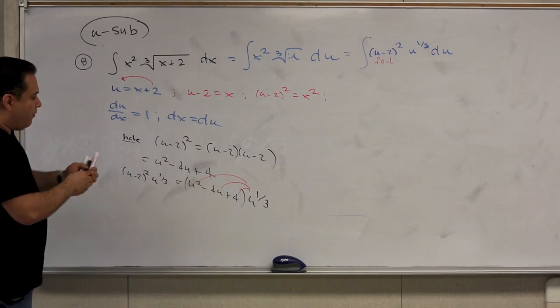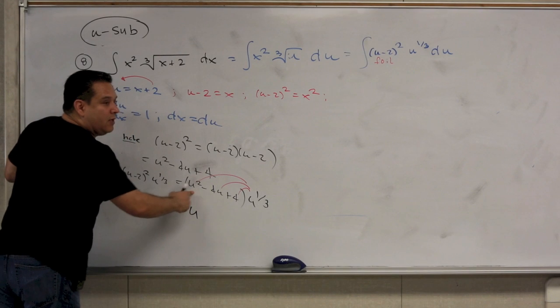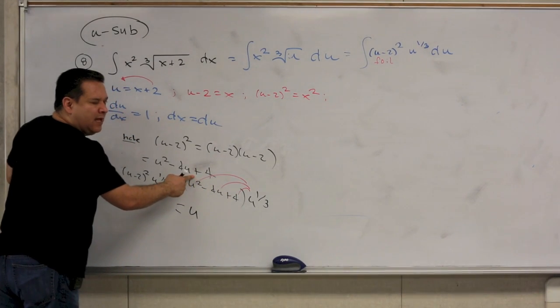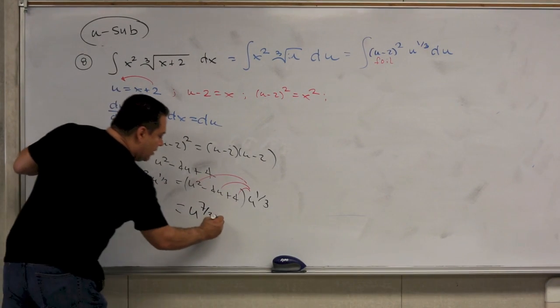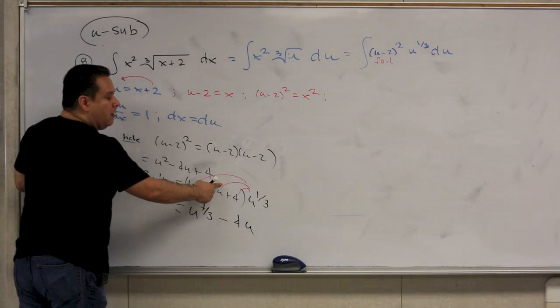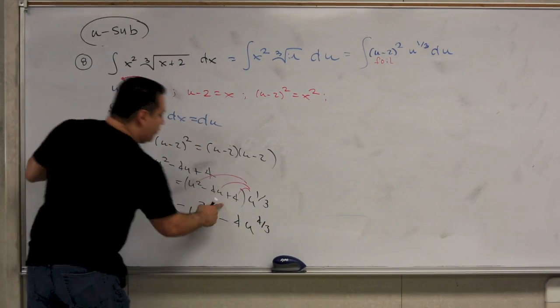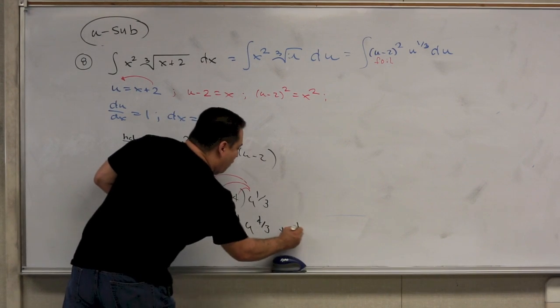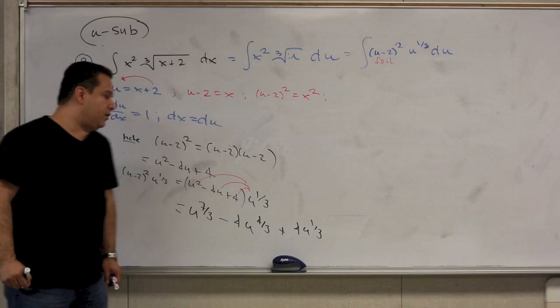Don't you end up with u squared times u to the 1/3? That's going to be 6/3 plus 1/3, 7/3, minus 4. This is u to the 1 power. Add my 1 with 1/3. Don't I get 4/3? That's plus 4u to the 1/3, because it's a constant times u to the 1/3.